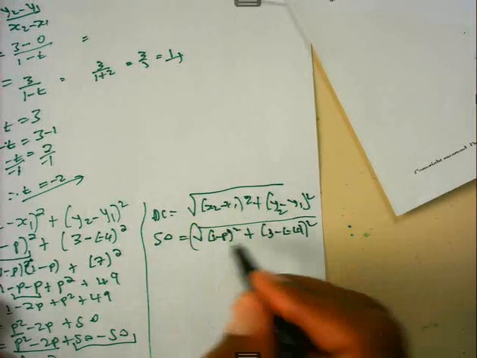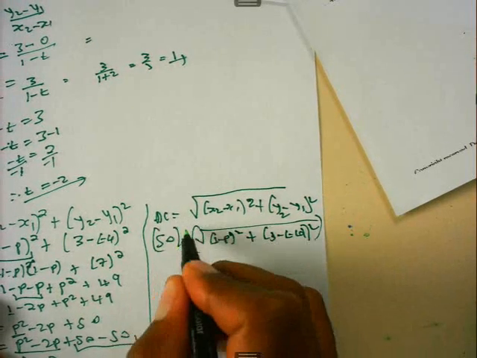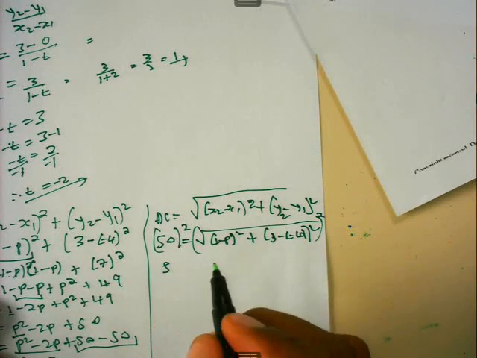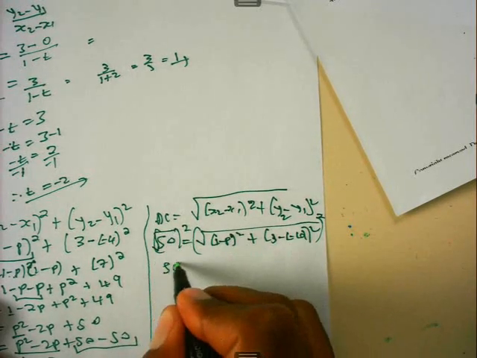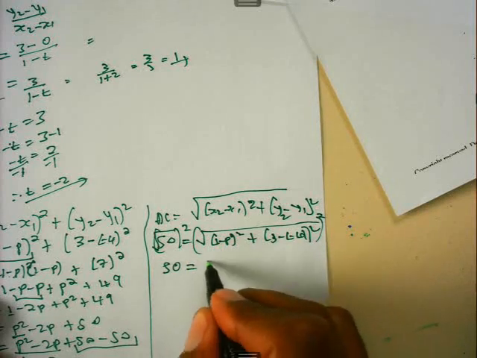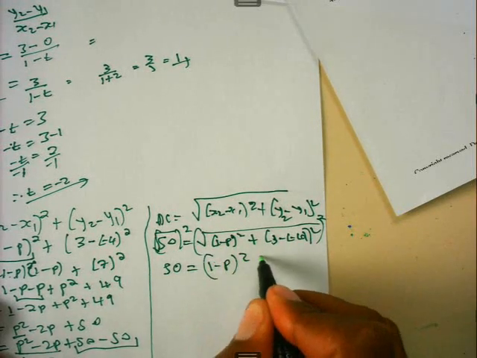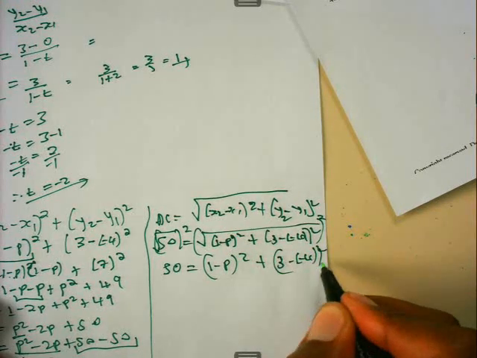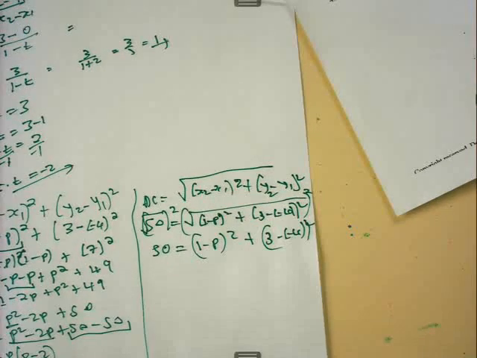Now the next step, you will have to square both sides. That is the square root of 50, so you can have 50 here is equal to 1 minus p all squared plus 3 minus 4 all squared. It means now you don't have that square root on the other side.